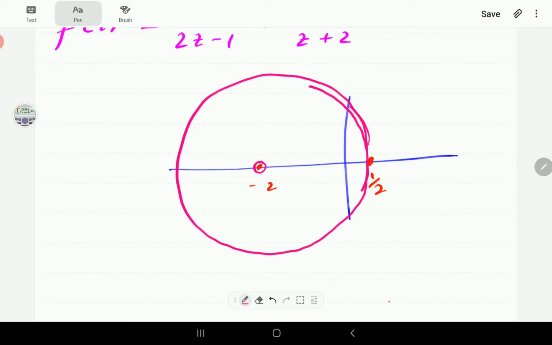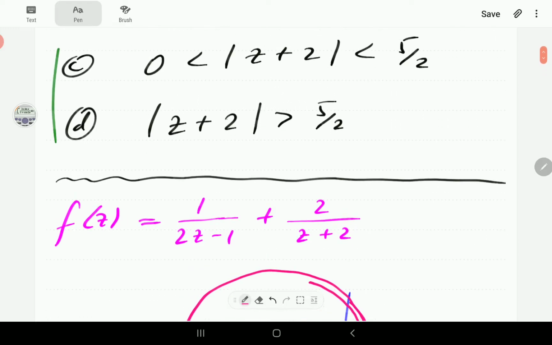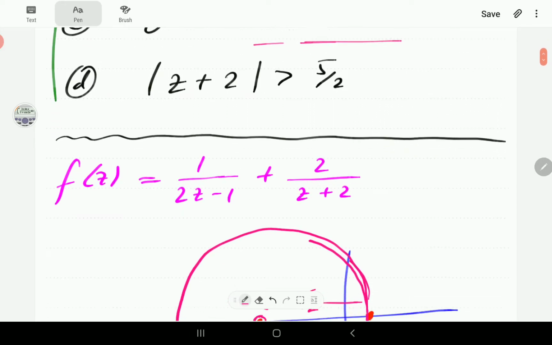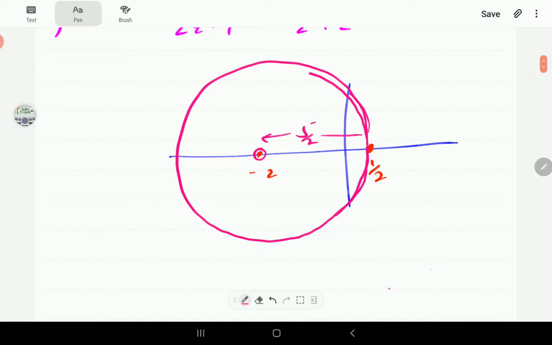The distance then is 5 halves. So the radius of this is 5/2. So that is the first region here. So if you like, we want the region inside this circle here, but outside this very small circle there.